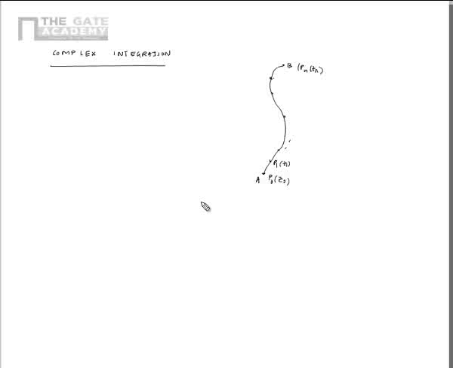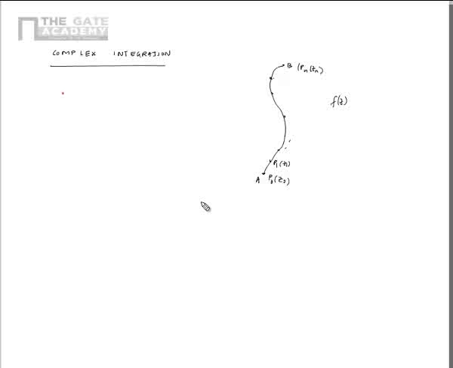So you have defined a curve which has endpoints A and B, and you have a continuous function f of z which is defined at all the points in this region. So f of z has a value at A and at all the n parts which you have defined on this curve.